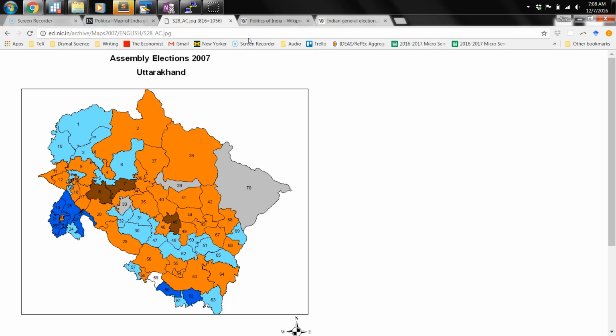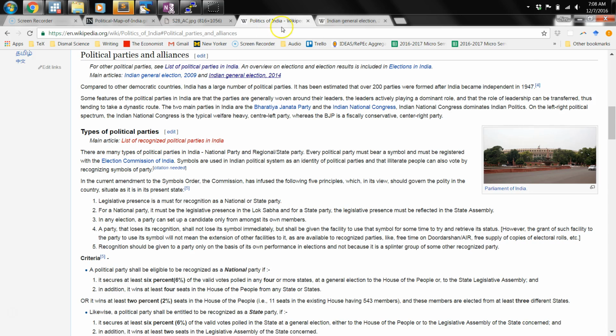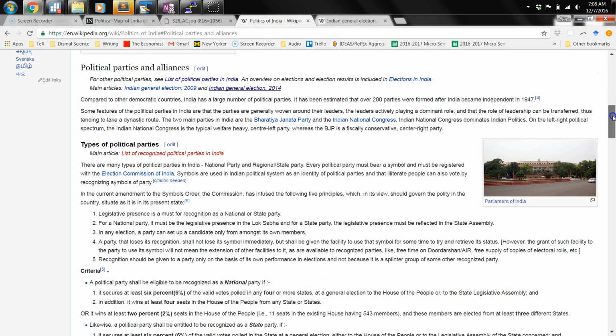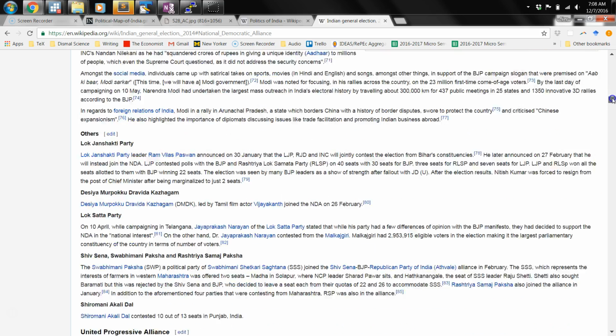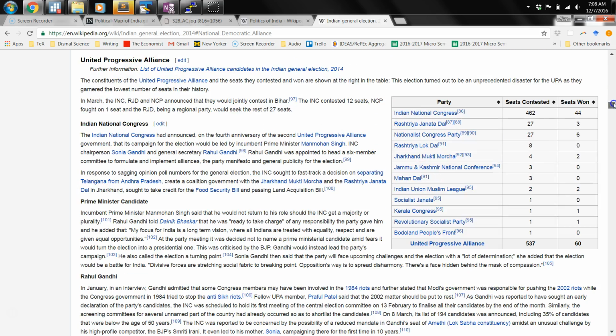I mentioned coalitions. Typically in Indian politics, it's very rare for a single party to get a majority, especially at the national level. In the most recent election in 2014, you can see over here that there were basically two major axes. One was the National Democratic Alliance, led by the Bharatiya Janata Party, and the other is the United Progressive Alliance, led by the Indian National Congress.